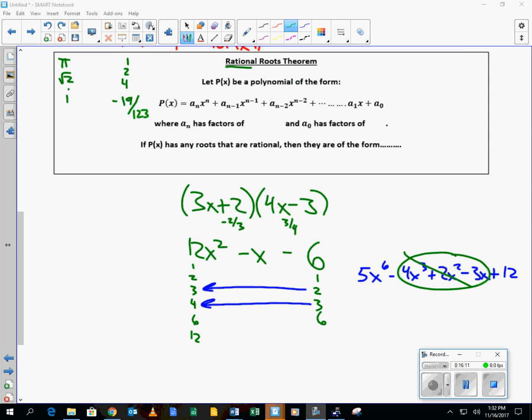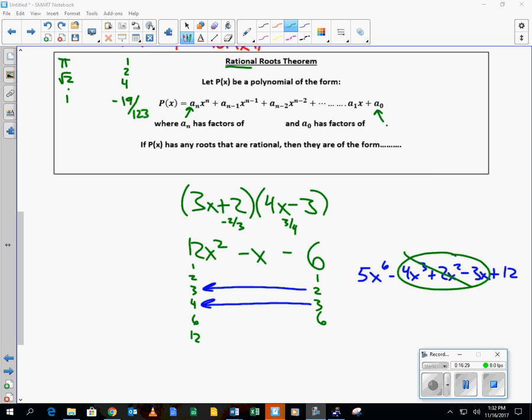And here's how it works. If you have a polynomial of this form, which basically means you have a constant, and you have x with a variable, and it simply just decreases as you go along. Okay, so it's written in descending form. You start with a constant, you end with a constant.